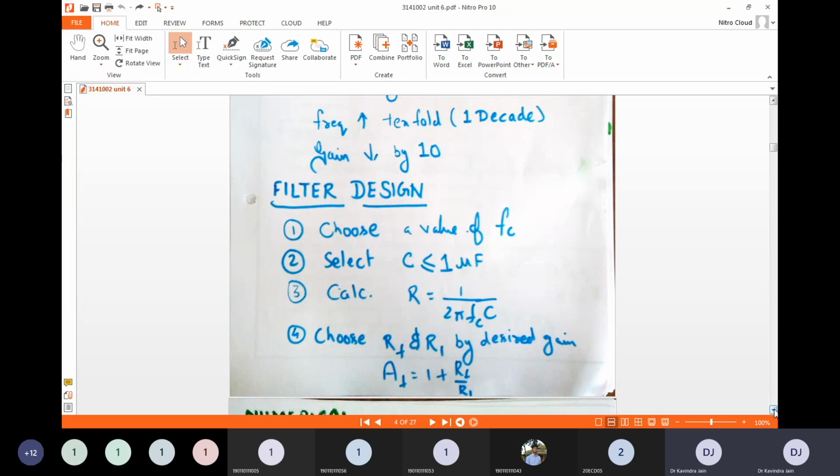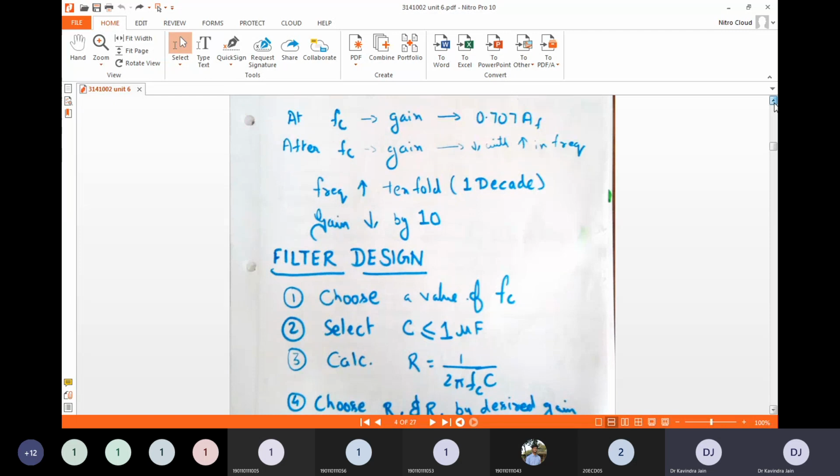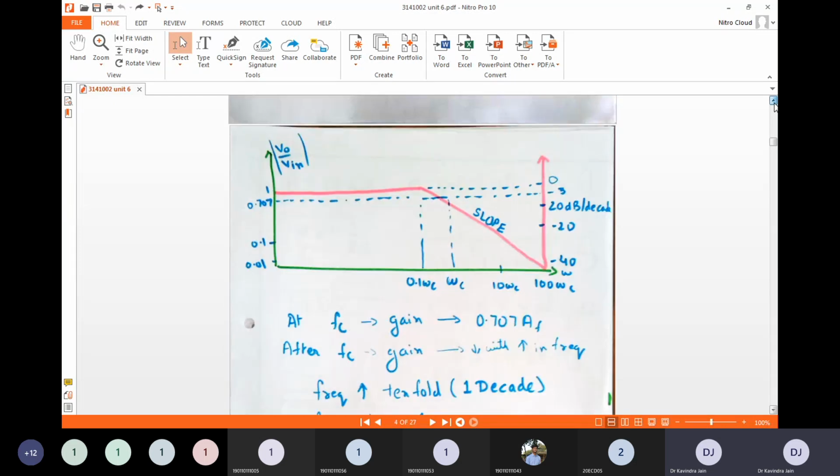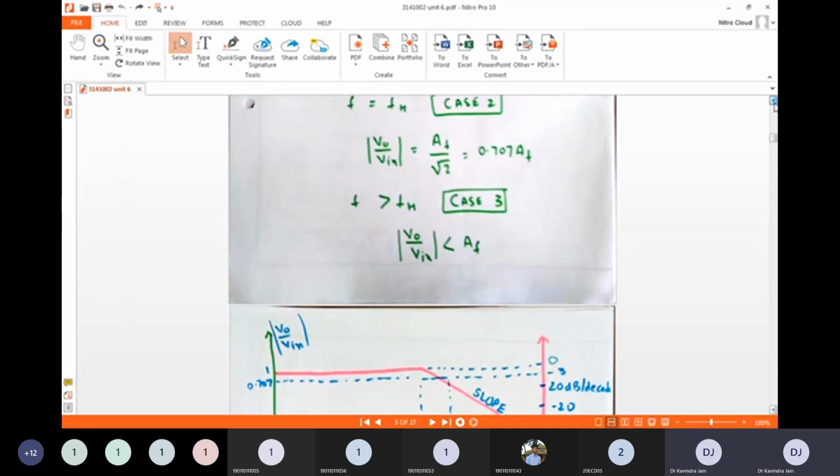So now the next step, after step number 4, would be to draw this circuit. We would design this filter. I hope you are able to see this diagram that I have shown on the PDF file, the screen which is shared.